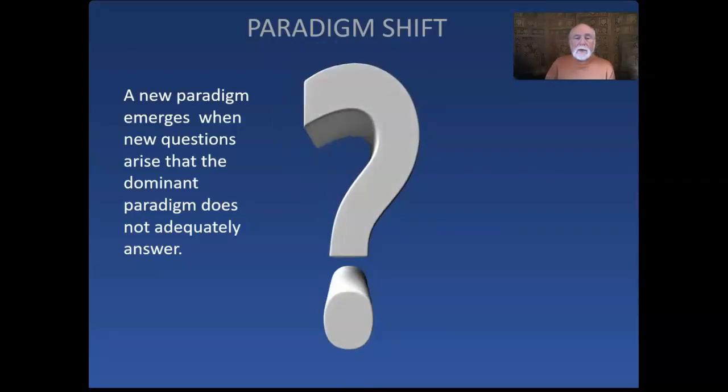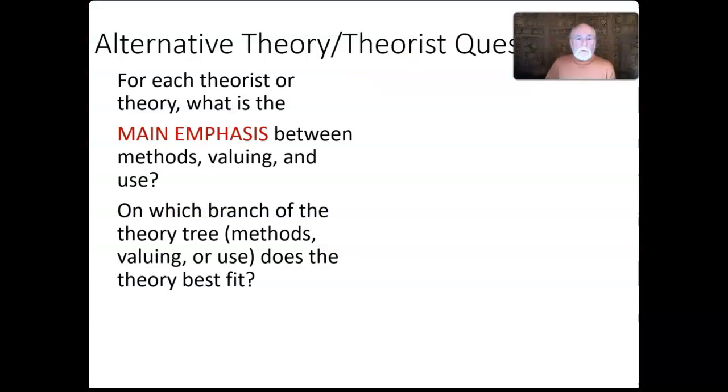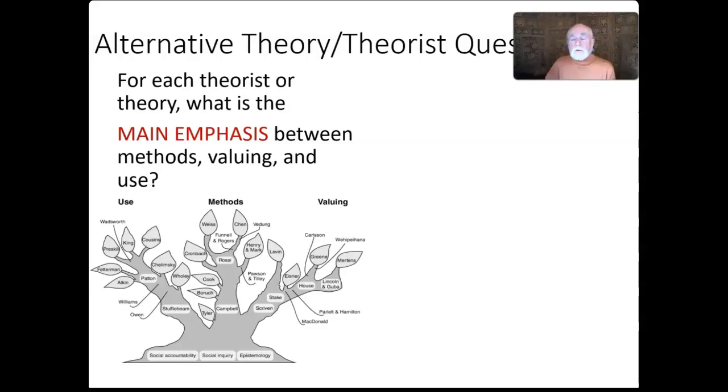We're asking different questions. The dominant question of the theory tree is for each theorist or theory, what is the main emphasis between methods, valuing, and use? On which branch of the theory tree, methods, valuing, or use, does the theory best fit? And that gave us the theory tree.